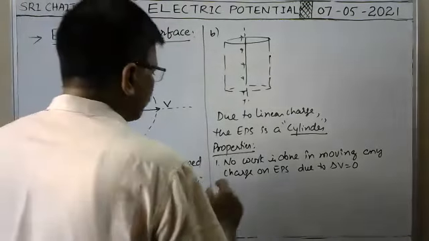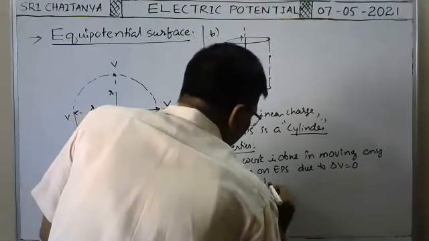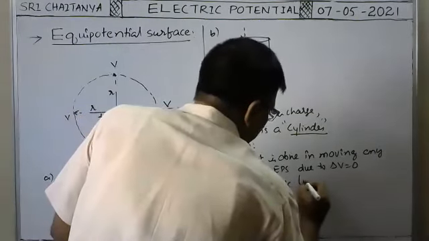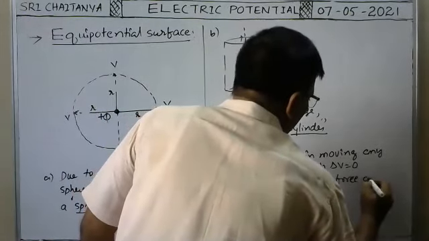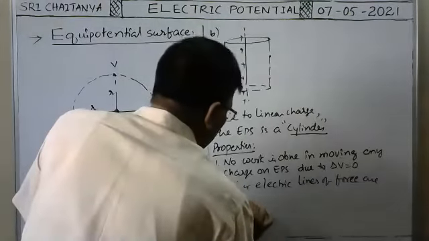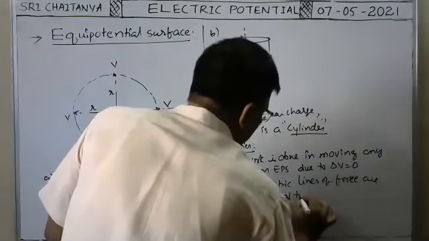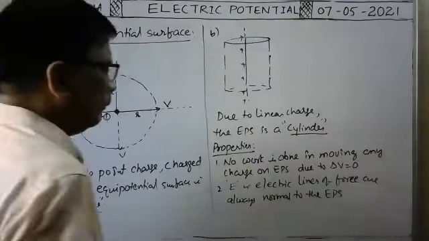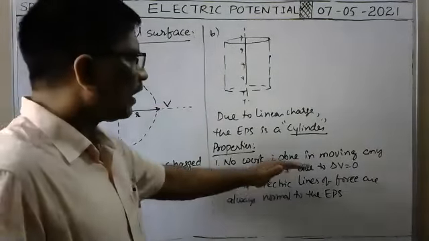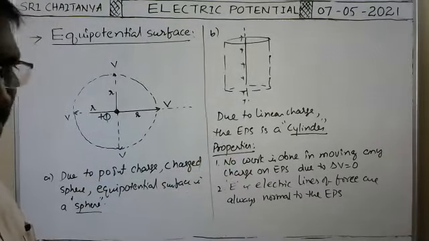So here, the intensity of electric field or electric lines of force are always normal to the equipotential surface.